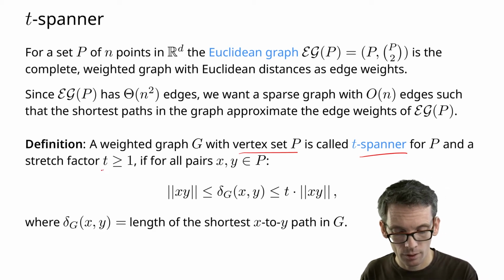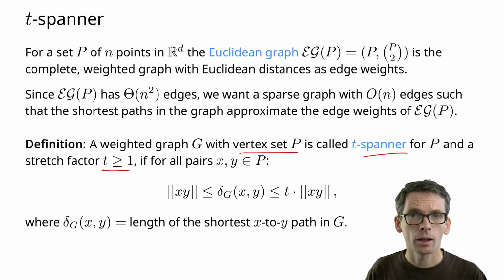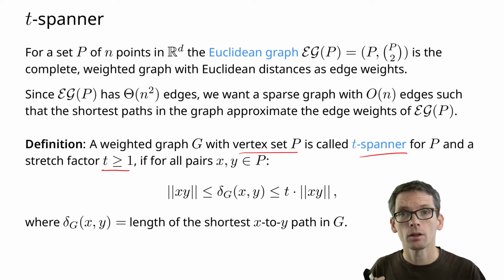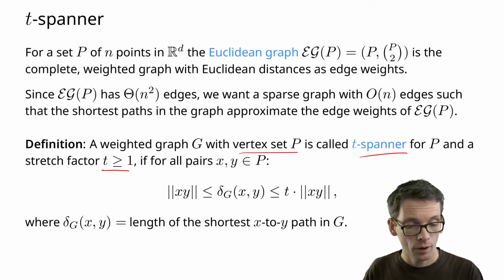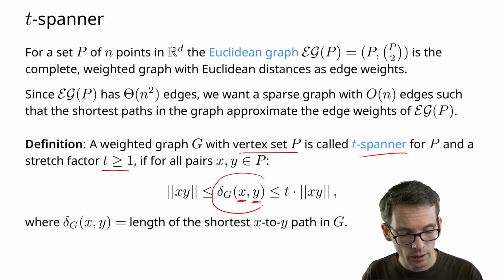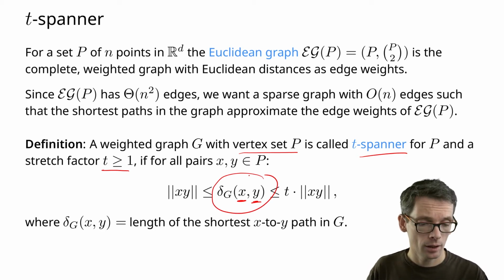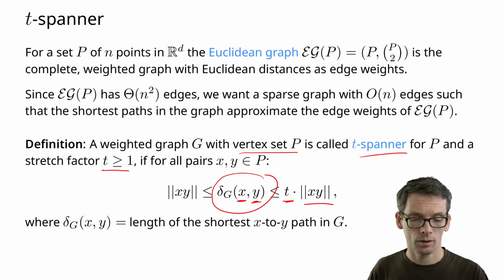So t is a value larger or equal to 1, and the graph has dilation t, or has a stretch factor of t, if for any pair of points the distance in the graph is bounded by t times the Euclidean distance.